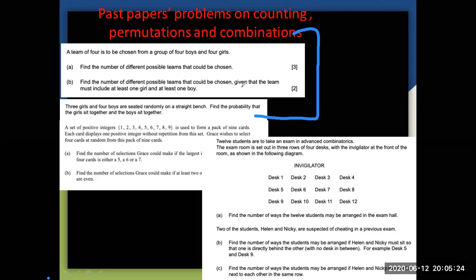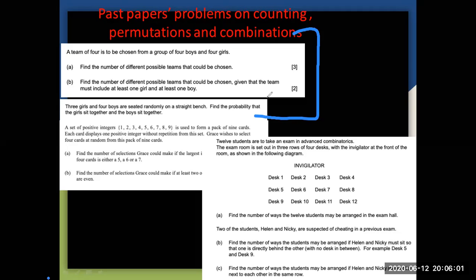Okay, did we get the answers? I got 46 for 1A. You guys get that? No, I got 70. I also got 70, so I probably did it wrong then.